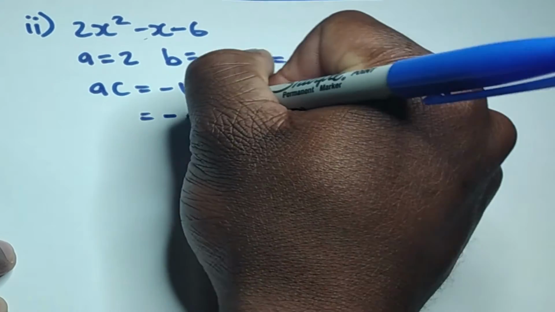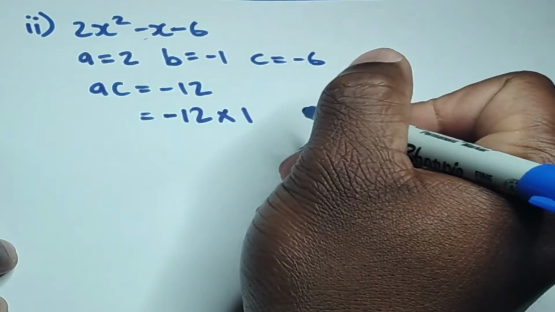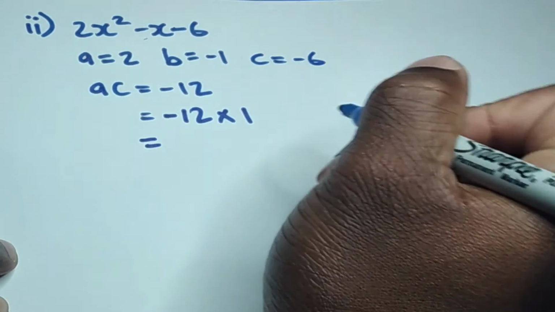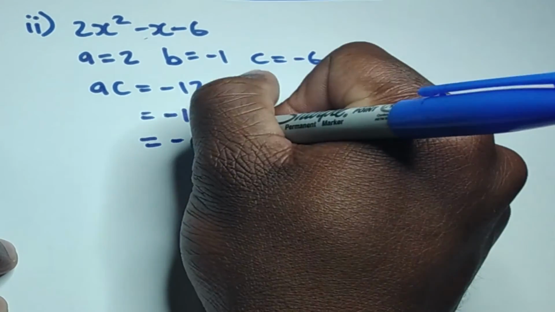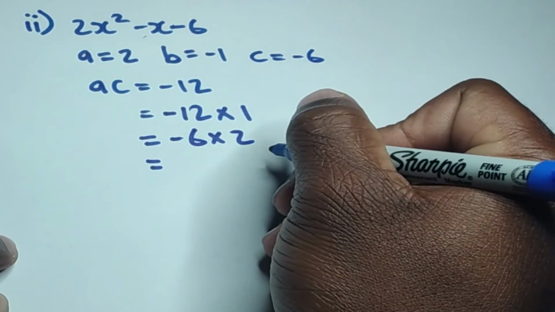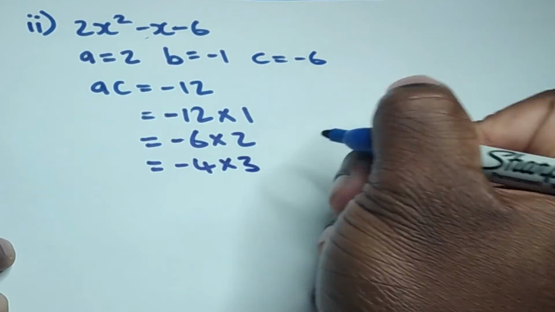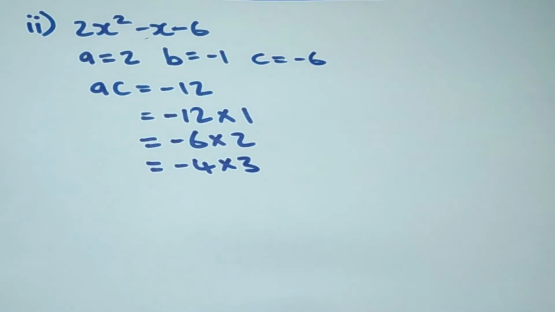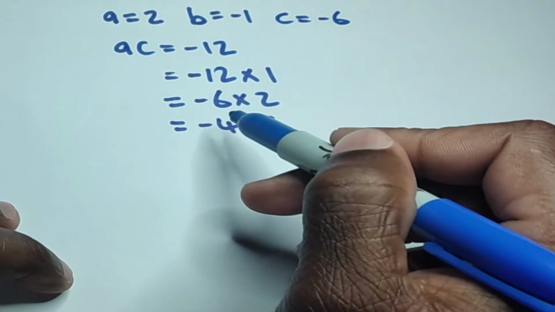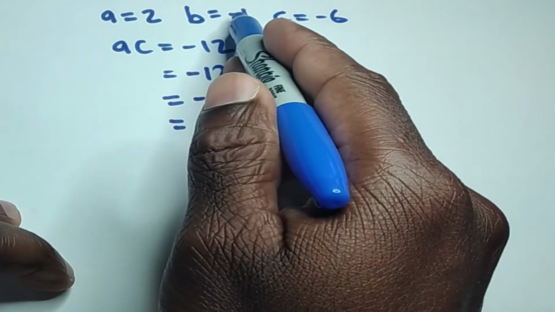So we'll have negative 12 times 1, that gives us negative 12. Negative 6 times 2 also gives us negative 12. We also know that negative 4 times 3 will also give us negative 12. So which of these groups, if we add or subtract, can give us the negative 1?